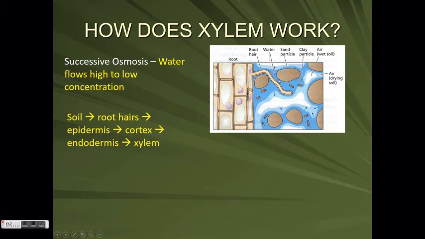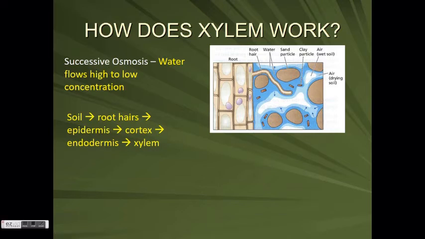And so once the root hair fills up with water, then we move into the next layer, which would be the epidermis, and then through the cortex, and then into the endodermis, which is an inner layer of cells that surrounds the xylem, and then eventually into the xylem. Step by step, moving from high concentration to low concentration. And so we call this type of osmosis successive, not successful, that's different.